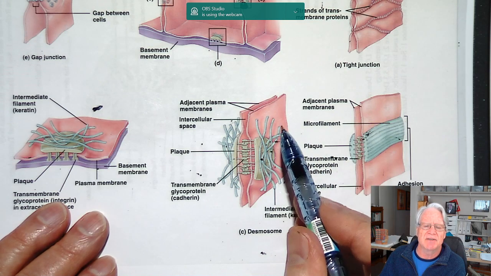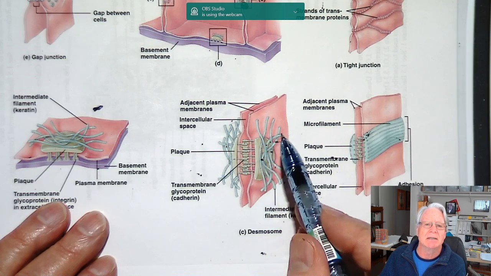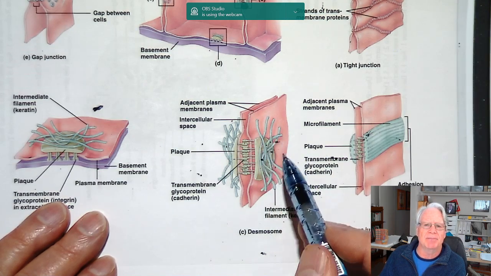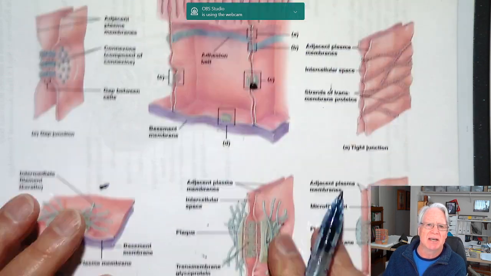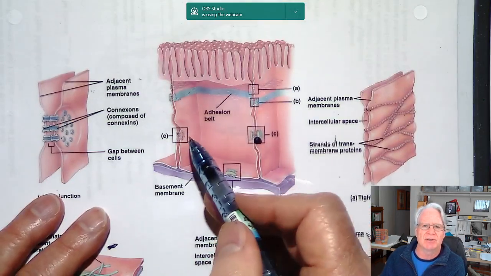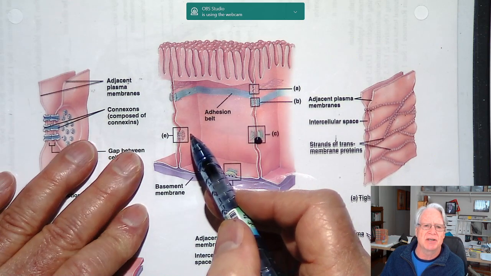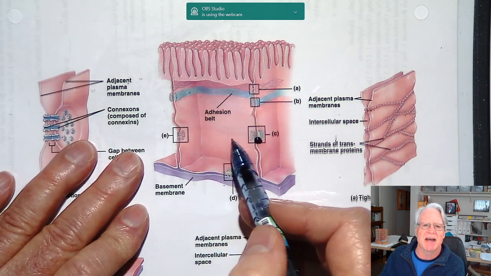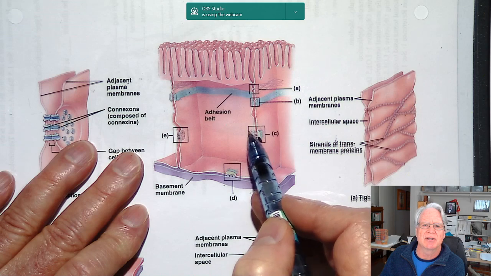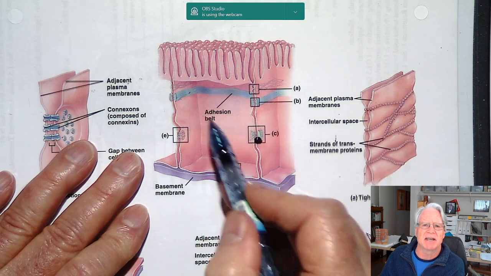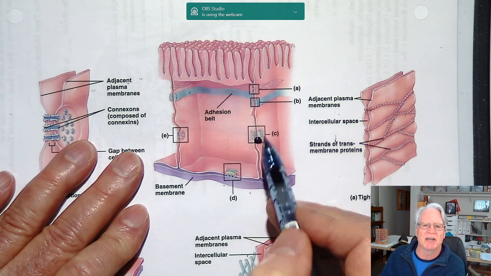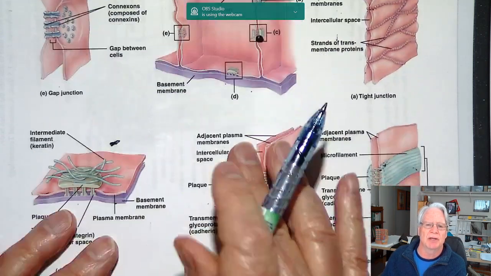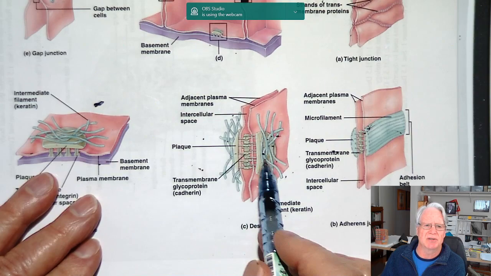Think of these as reinforcing bracing that is supporting this connection between these two cells. Unfortunately they don't show the drawing here, but those would extend out, here it is, and connect this way across the cell, providing very strong structural support for this connection between two cells.